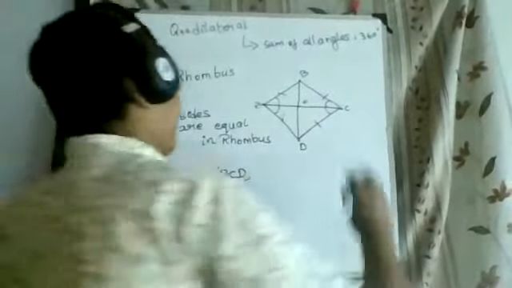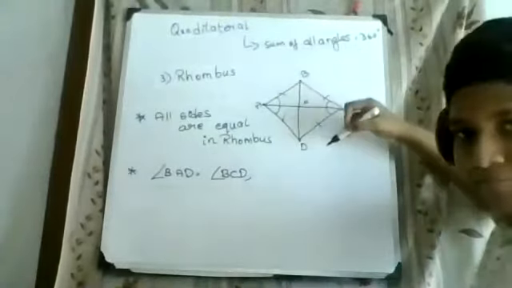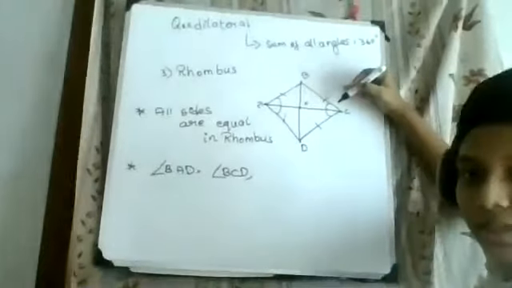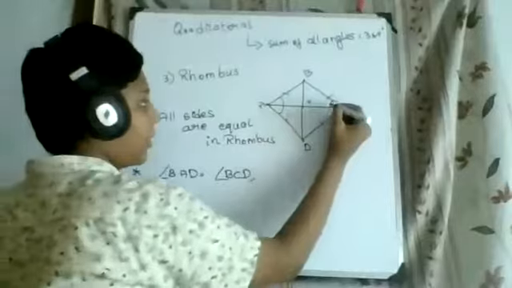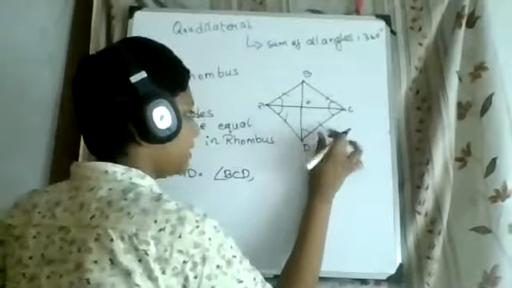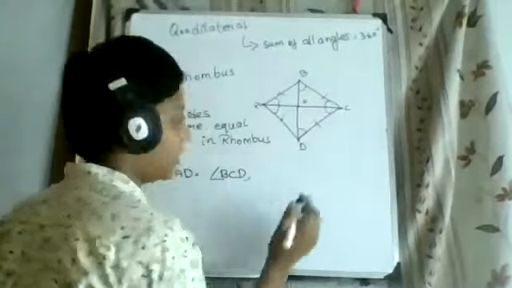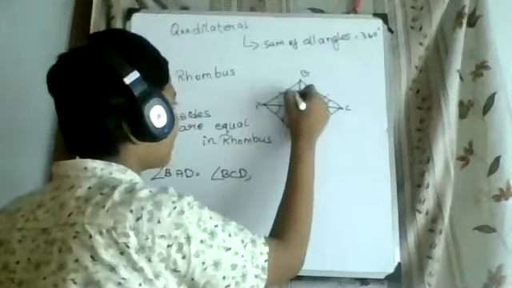And next property, you can take the isosceles triangle in this way. If you take this side, the opposite angle is this angle, and this side's opposite angle is this. Same from this side of the isosceles triangle. Here and here you get a point.